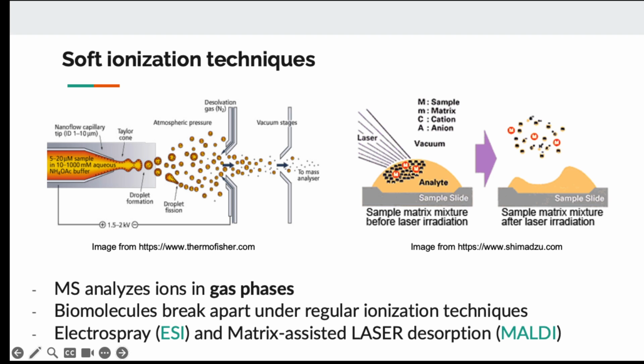One is called electrospray, ESI, and the other is called matrix-assisted laser desorption, which uses a matrix solution to absorb the energy, so that the amount of energy transferred to the protein is small enough to turn the protein into gas, but not so high that it destroys the protein entirely. So these two techniques are what we use to transform protein into gas. And these two techniques got the Nobel Prize 20 years ago because of this capability.